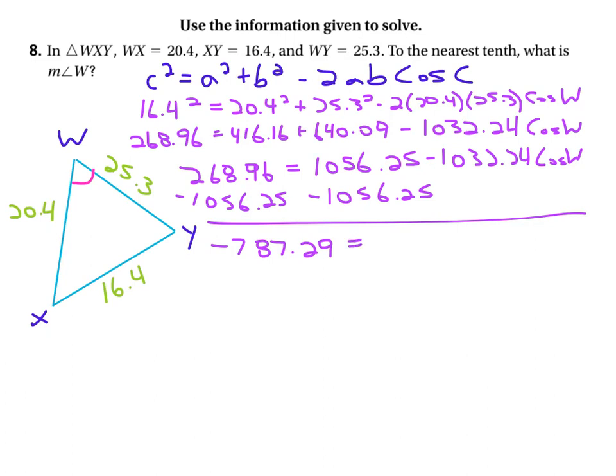I'll show you why in a second. And then what are we left with on this side? We're left with this remaining amount right here, negative 1032.24 times cosine w. So we say minus 1032.24 cosine w.